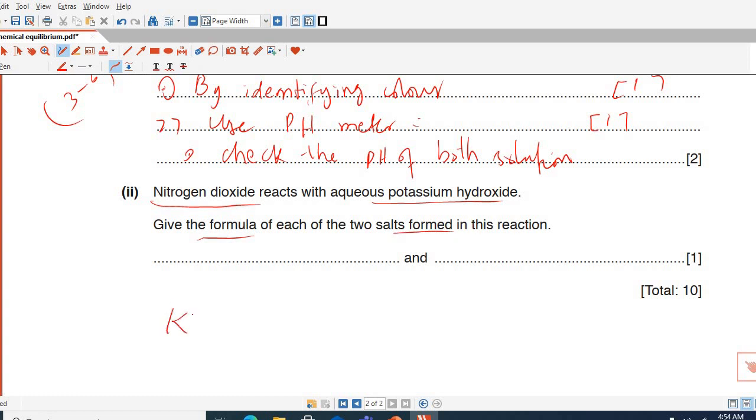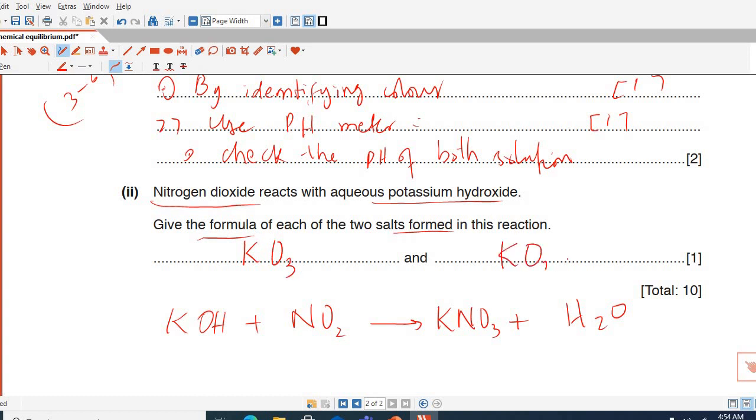Now look at here, potassium hydroxide, KOH, will react with the NO2, then there will be two salts, KNO3, and then H2O will be produced. So one, you can write that KNO3 and second salt will be KNO2. These are the two salts that will be produced, right?